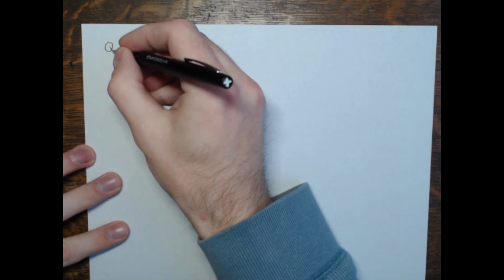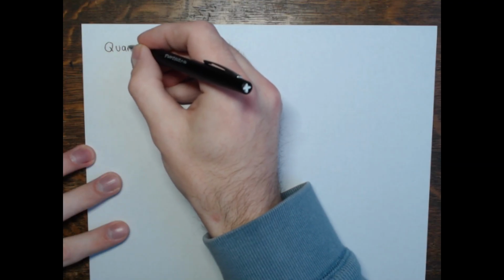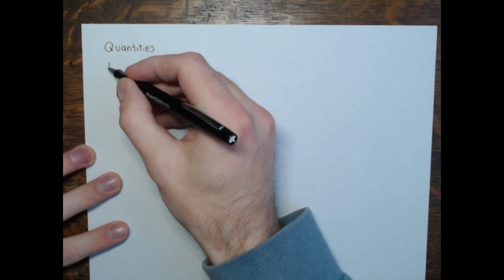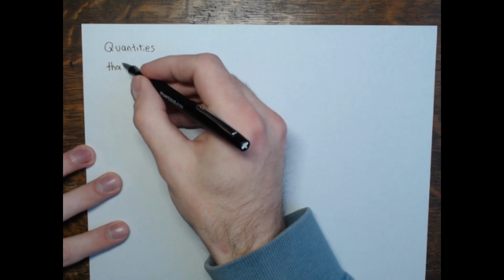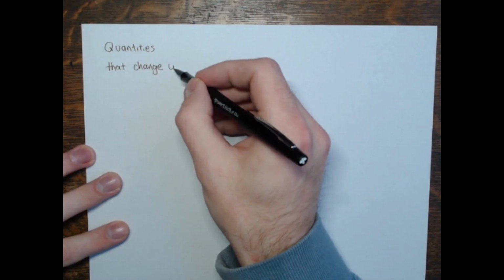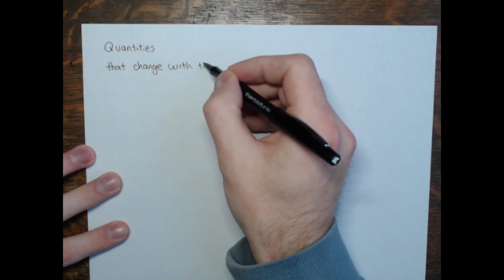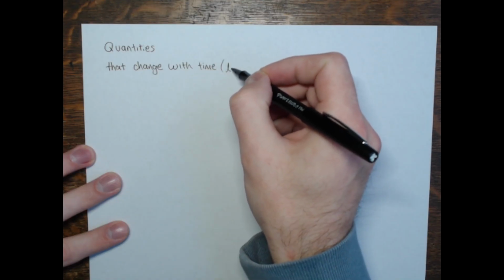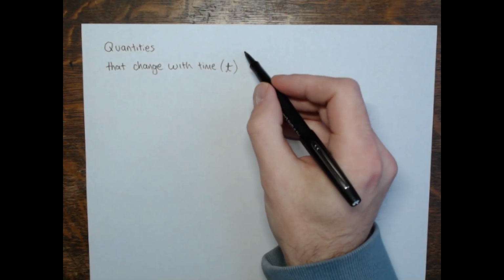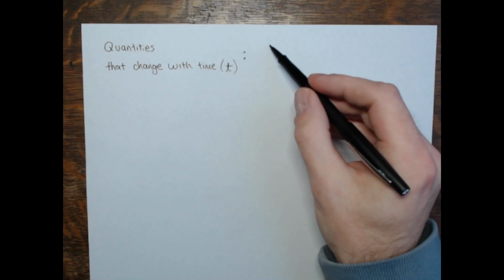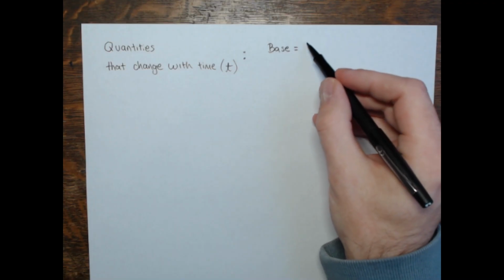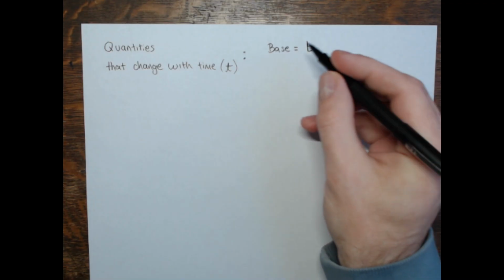All right, so first I'm going to point out, hey, there are these quantities that are changing with time. And once again, I'll use the letter t to represent time. You have the base of this triangle, which I'll call lowercase b.